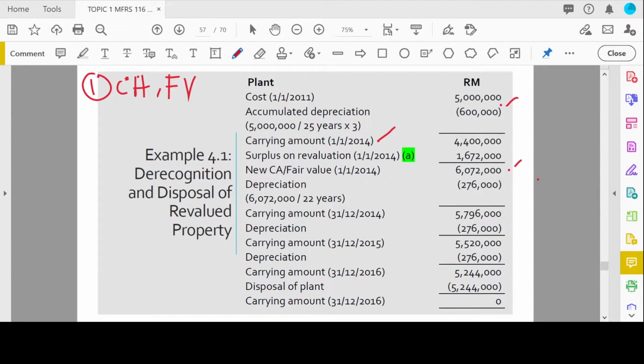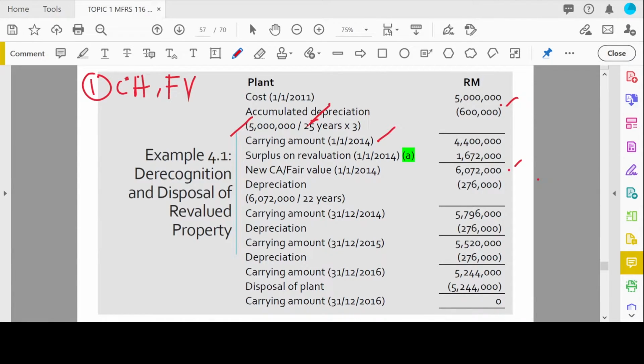So how do we find the carrying value? Cost minus accumulated depreciation minus accumulated impairment loss. No impairment loss, but we do have depreciation, because this plant has an estimated useful life of 25 years. To calculate the accumulated depreciation, cost divided by the estimated useful life of 25 years, for how many years?